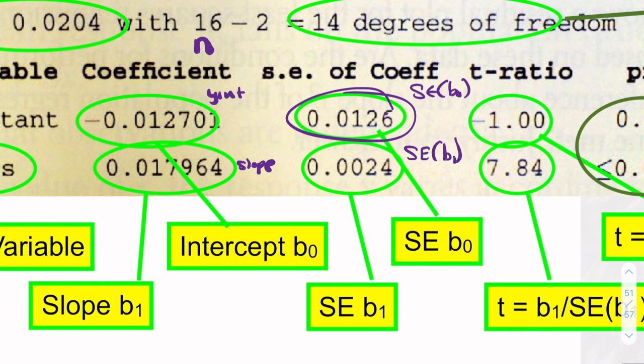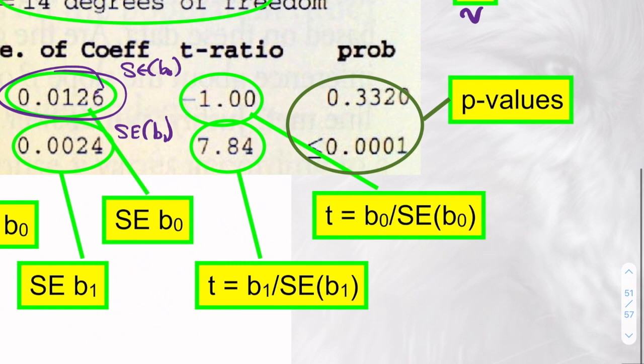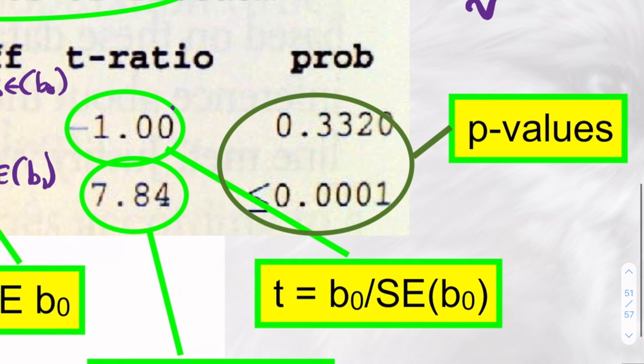And next to those are the t values, or the t ratios, for each of those. So if you're wondering how those are calculated, we take the y-intercept divided by the standard error, which gives you the t ratio for the y-intercept. To find the t ratio for our slope, we take our slope divided by the standard error of our slope. And then the last bits are the p-values for each of those.